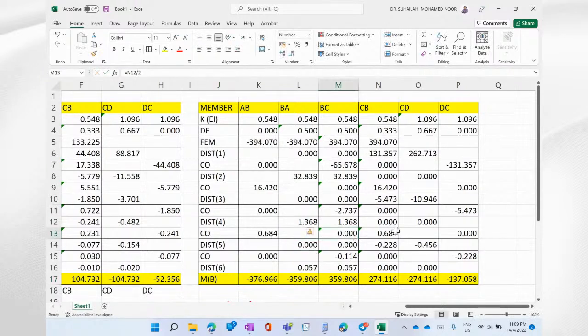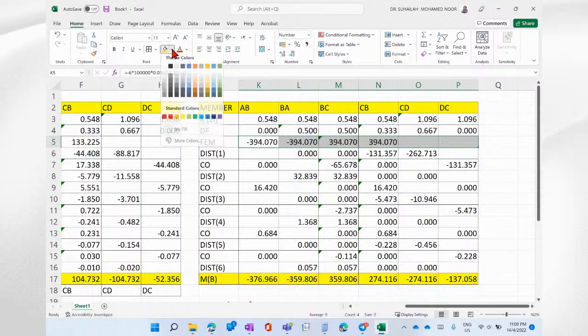So now, this is all the values and moments considering support settlement.